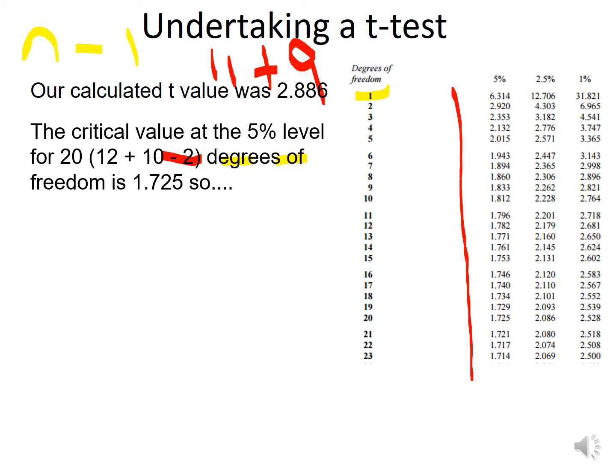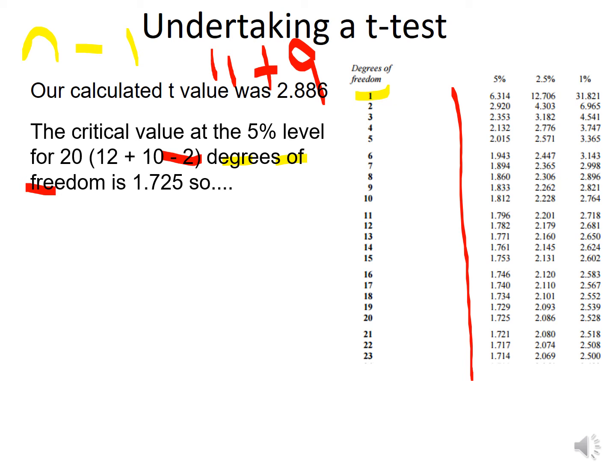We had 22 individuals, so our degrees of freedom, n minus 1 for each group, gives us 20. Now it says here minus 2, that's because they just added these together and took away 2 instead of doing n minus 1 for each group and then adding them up.